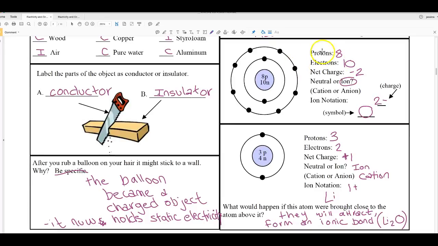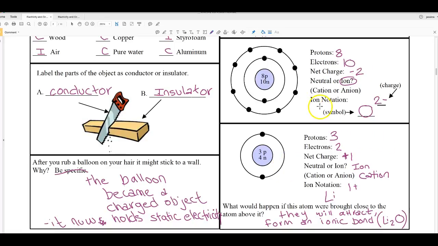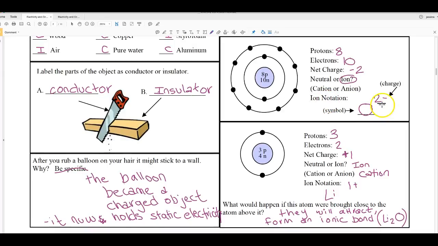Next one, we have 8 protons. We don't care about the neutrons right here, but these are the electrons, so we have to count them. This particular one has 1, 2, 3, 4, 5, 6, 7, 8 electrons plus 2 in the middle is 10. So this one actually has a net charge of -2. And this is an ion, and it would look like this, O 2 negative.